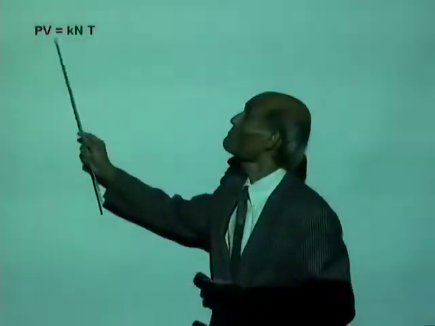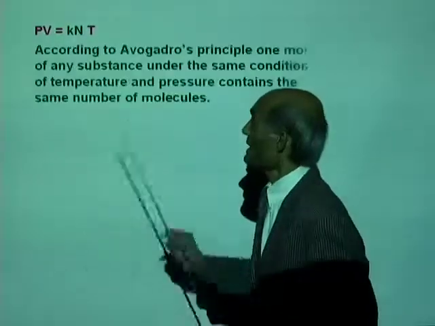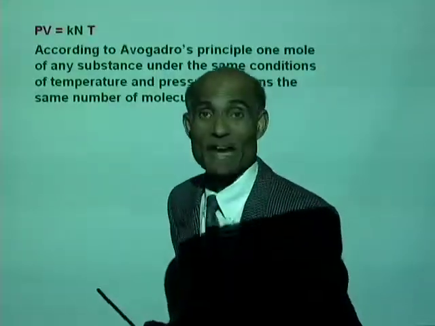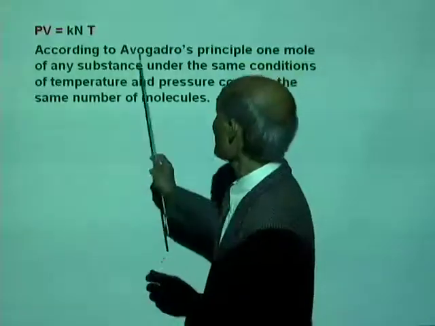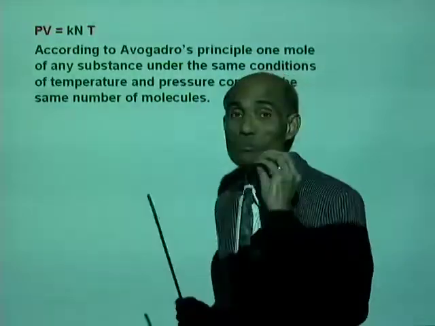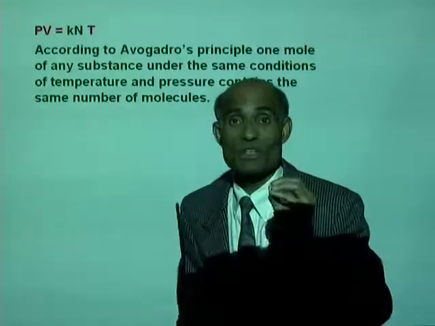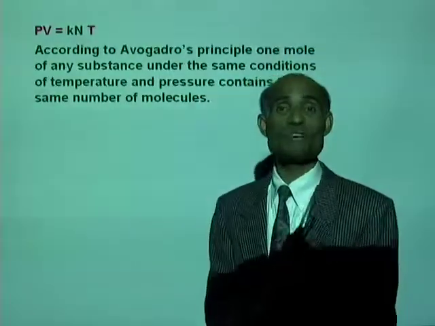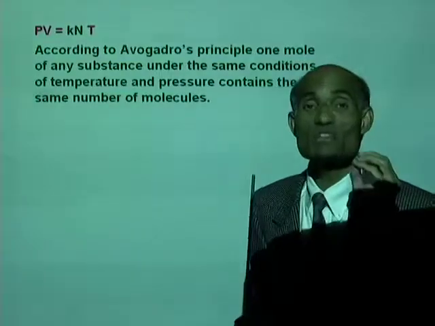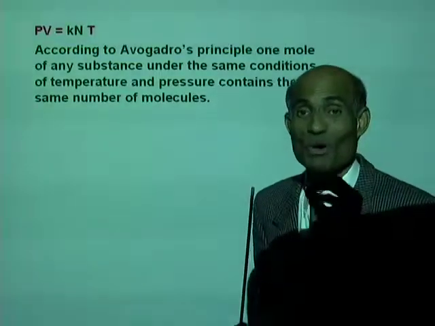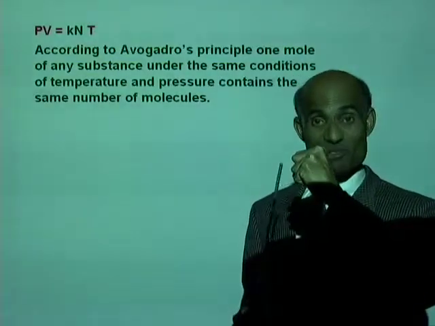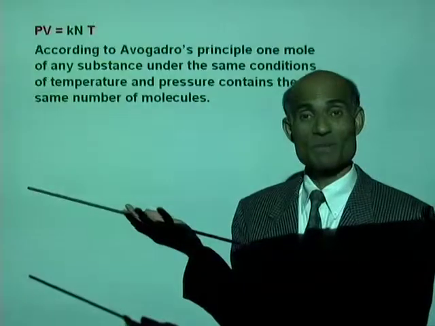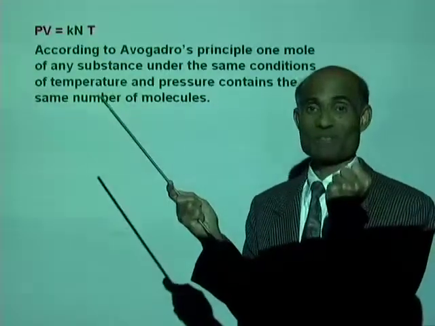Alright, so we have PV equal to kNT. Now, do you know what Avogadro's principle says? If you have done a little chemistry, you would know that. According to Avogadro's principle, 1 mole of any substance under the same conditions of temperature and pressure contains the same number of molecules.